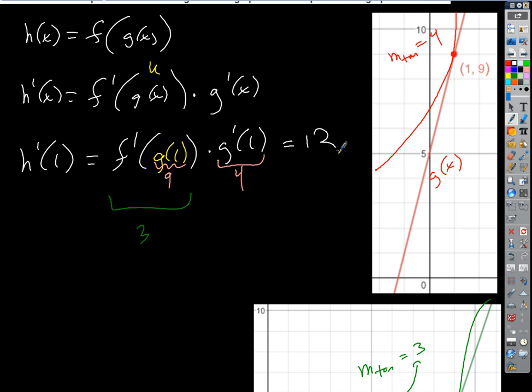Questions on that? Let me pause. That's a lot of stuff. How I got the 3, sure. So we're evaluating f prime at g of 1. So first thing we have to know is, what's the output of g when x is 1? So we look at our function g, right?